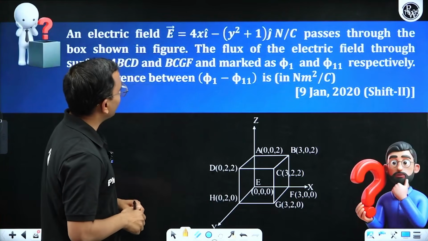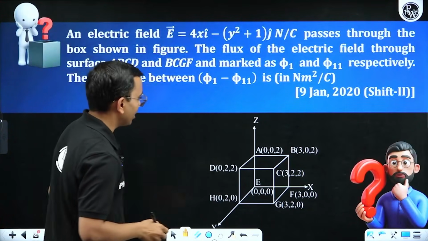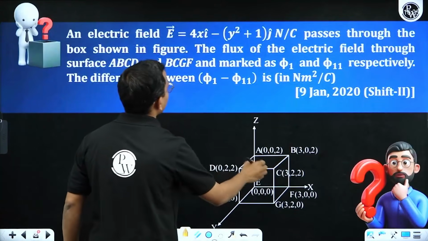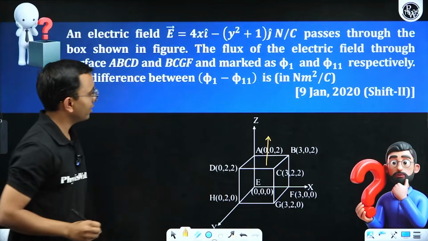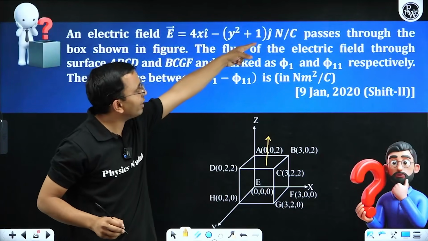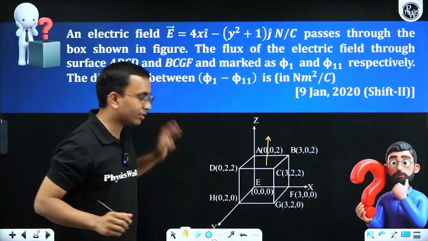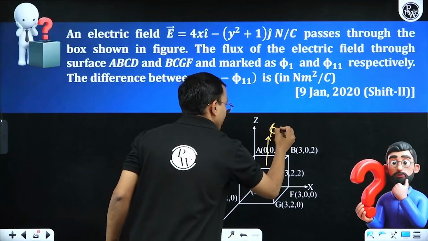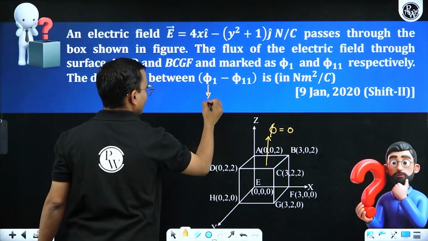Through phi1, which is through ABCD, the area vector is along the z axis. Is there any component of electric field along the z axis? 0. So if you do E dot A, that is 0. So flux is 0. So this phi1 is 0.